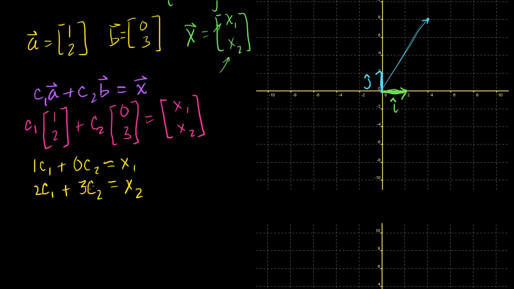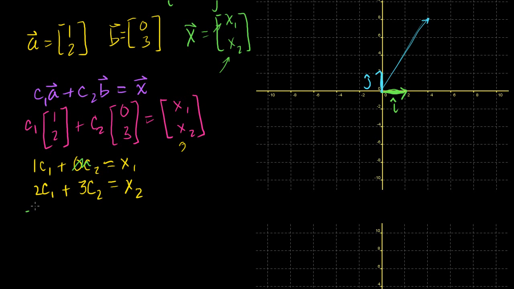Now, if I can show you that I can always find c1s and c2s given any x1s and x2s, then I've proven that I can get to any point in R2 using just these two vectors. So let me see if I can do that. This is just a system of two unknowns. This is just 0, we can ignore it. So let's multiply this equation up here by -2 and put it here.